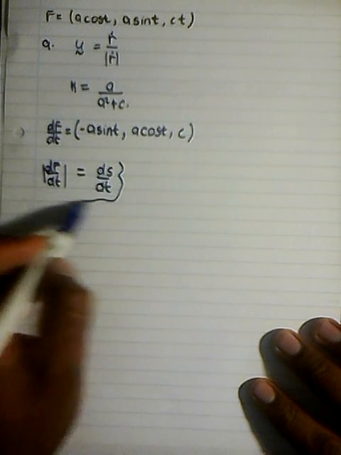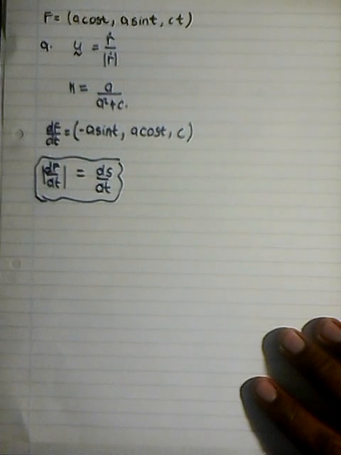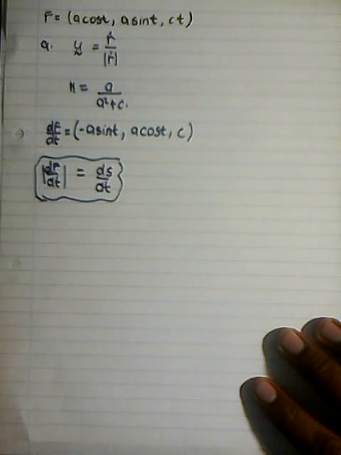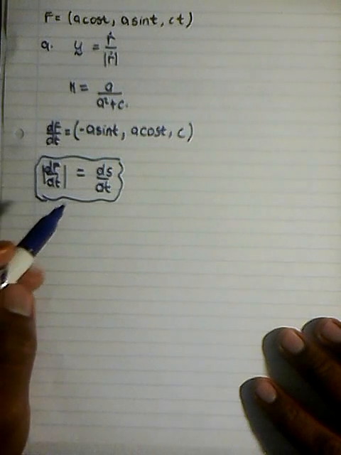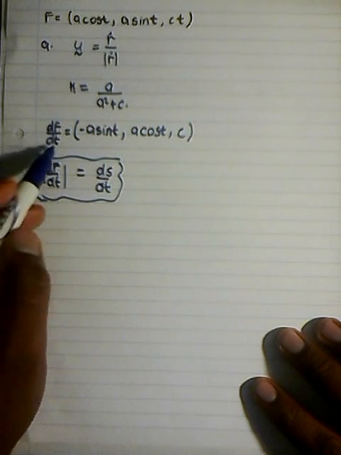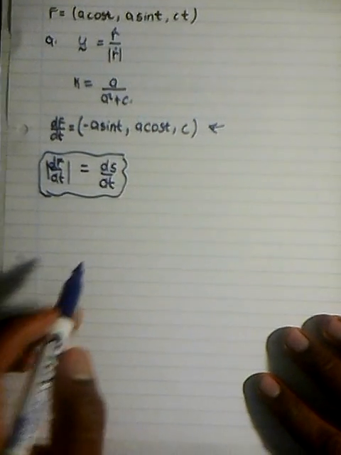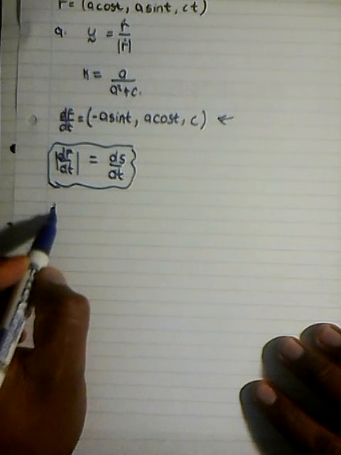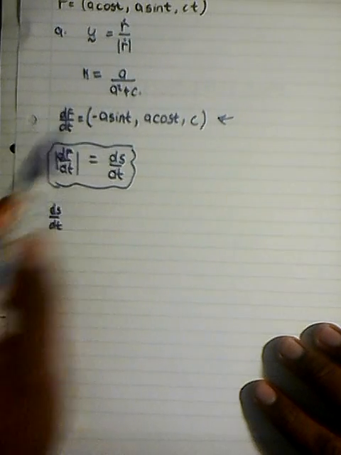I explained this when I was doing a quick review on torsion and curvature, so this is one of the things that we were able to figure out. Now dr/dt is given by this. Now we need to determine ds/dt, and ds/dt is going to be the magnitude of this.